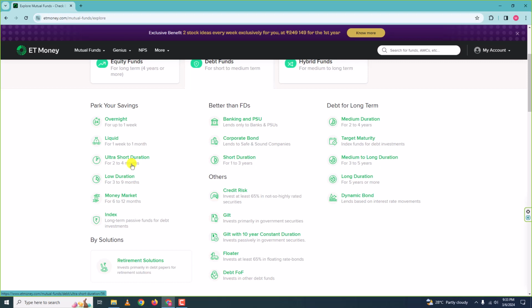All right. Now, the next thing that you must know is the overnight funds have the least risk and also the least interest rate. What are overnight funds? The funds which invest in bonds which would expire the next day, correct? Now, what wrong thing can happen in one day, right?